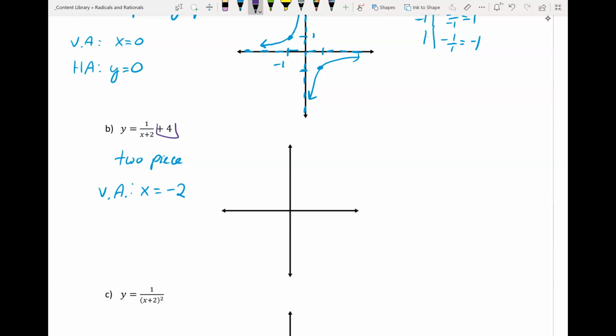This 4 tells us that we moved up the graph by 4. So that is where our HA is. It used to be at y equals 0, but we went up 4, so now it's at y equals 4. This is in descriptive form, which is what we covered last lesson. And this is easier for us to graph because it tells us what our VA and our HA are. So I'm going to go ahead and draw in the VA and HA.